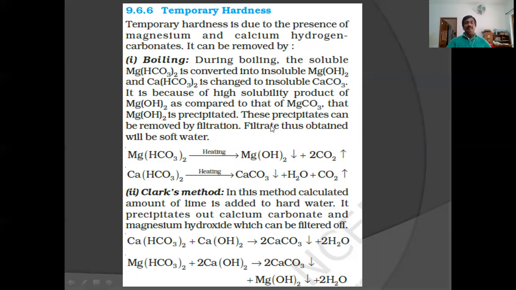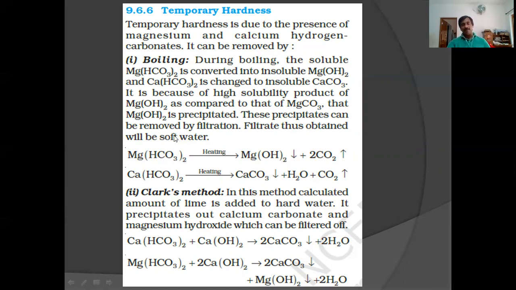When a sample of water containing magnesium or calcium bicarbonate is heated, the bicarbonate decomposes and forms hydroxide and carbon dioxide.